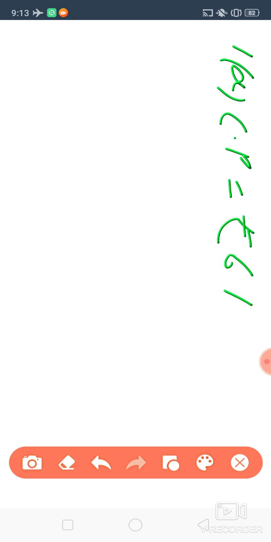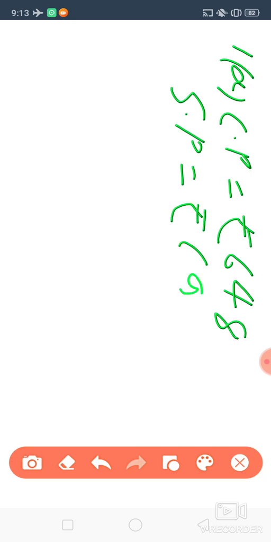Now what is your question? Question number 1a. You'll write: CP is given as 648 rupees. Then SP, the selling price, is given as 695 rupees. Now look here, which one is greater? SP means selling.